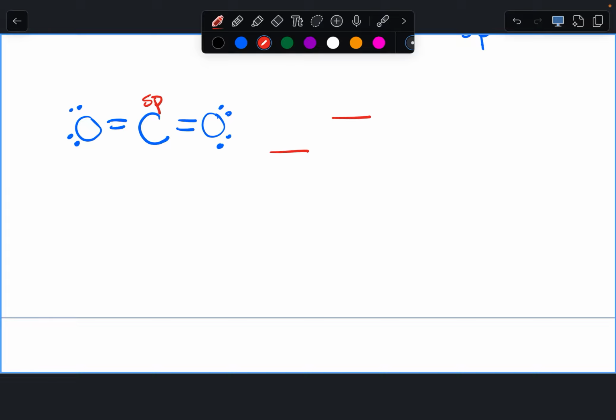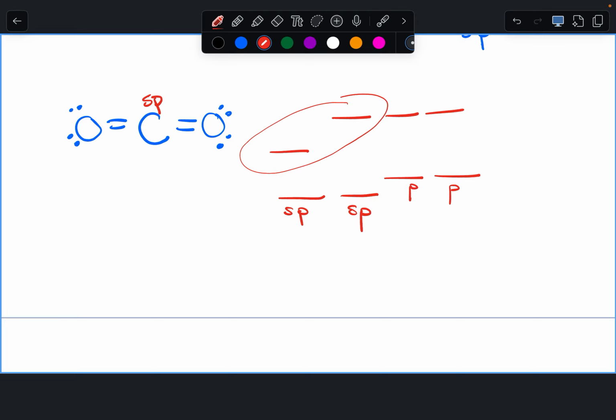So it started with S and P. I used 2 of those and made 2 new orbitals. So I'm going to label those sp and sp. But notice I used 2 of them. I still have 2 p orbitals left over. Okay, I didn't use these other p orbitals.